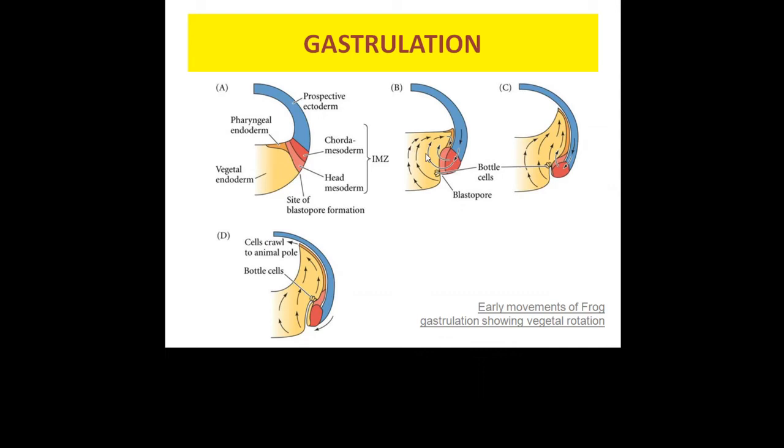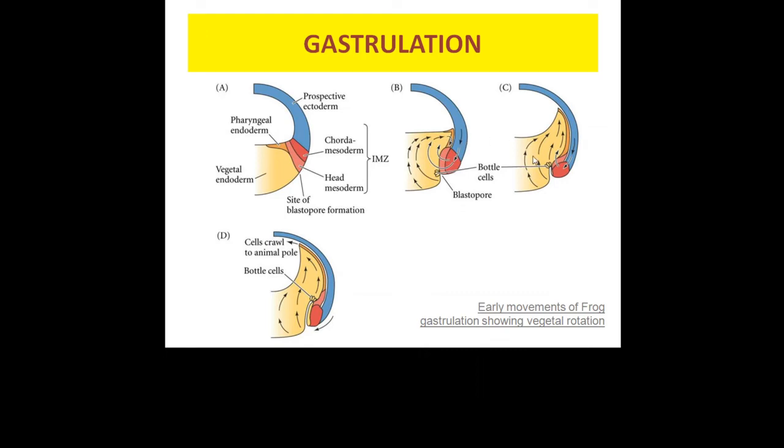Now what happens? The deep cells in the vegetal endoderm region undergo rearrangement. As a result of this cellular rearrangement, the pharyngeal endoderm, the one shown in orange color, comes to lie on side of prospective ectoderm and above the head mesoderm.